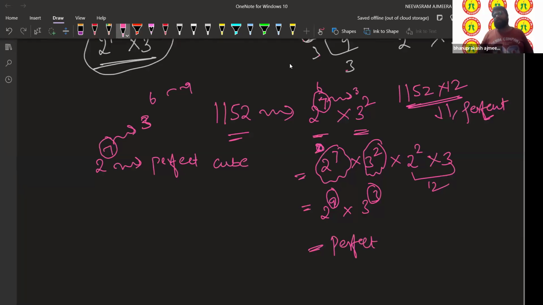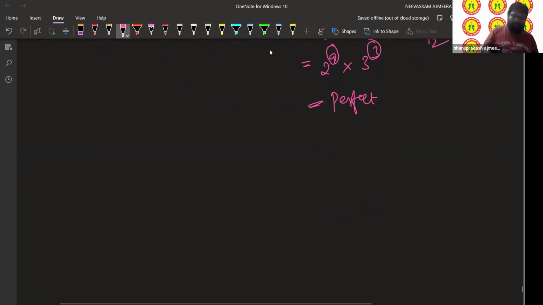You please remember, a perfect cube is nothing but, please also write down the definition.